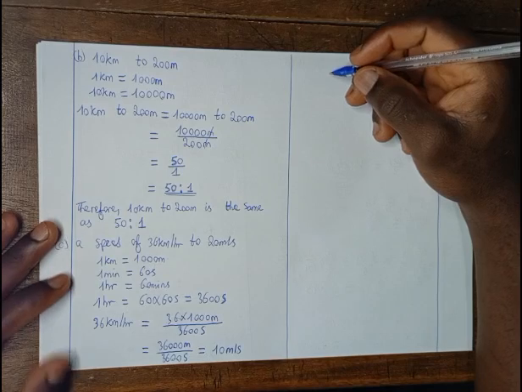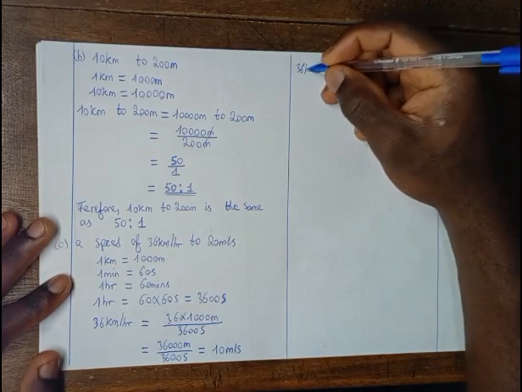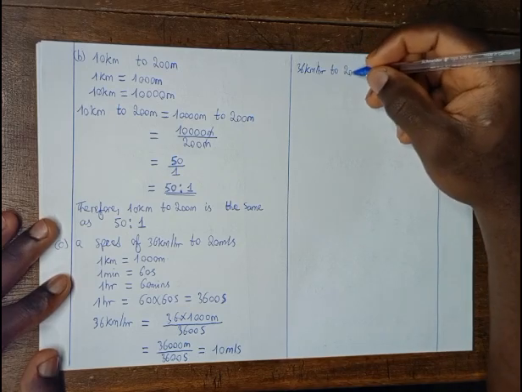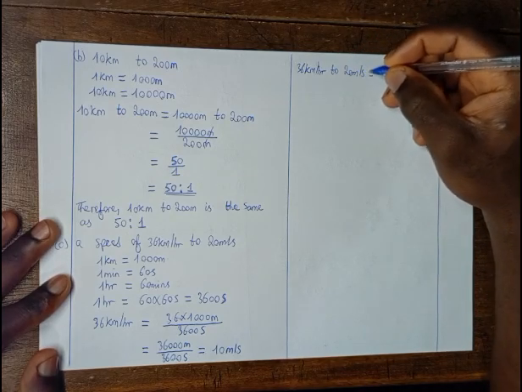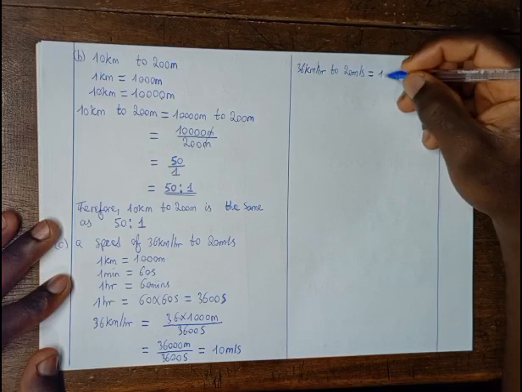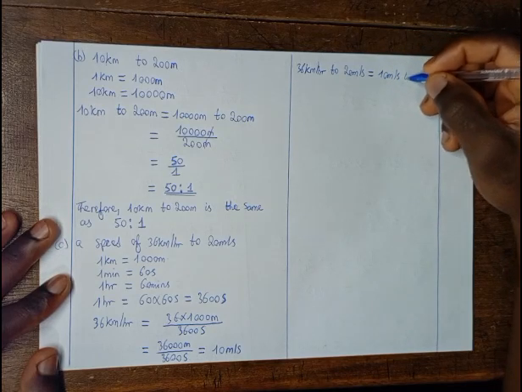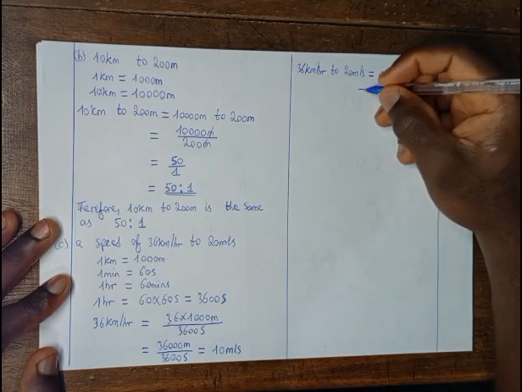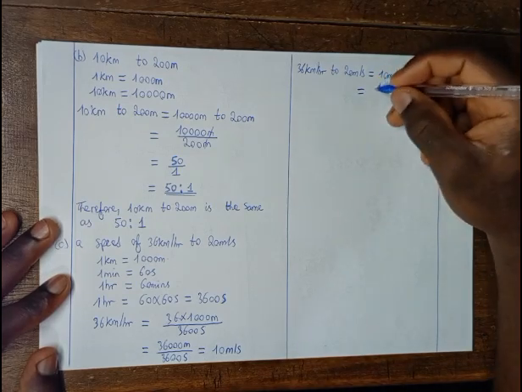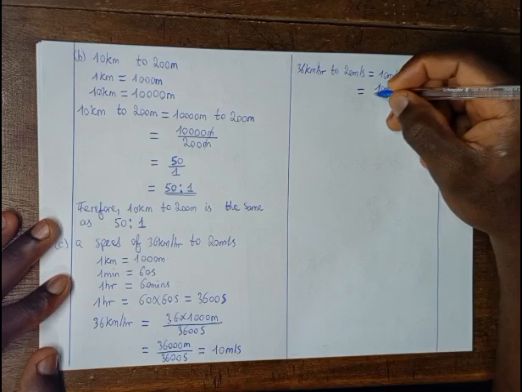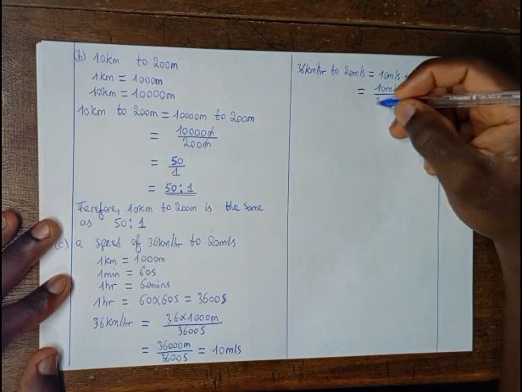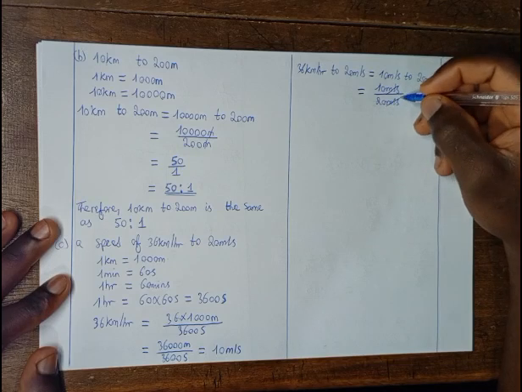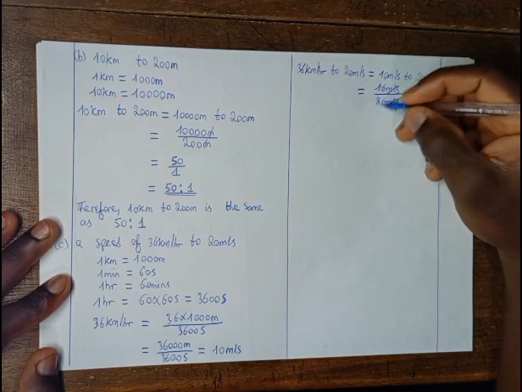Next thing, now we know 36 kilometers per hour to 20 meters per second is the same as 10 meters per second to 20 meters per second. Next, now we are going to express it in the fractional form. This will give us 10 meters per second over 20 meters per second. Meters per second will cancel meters per second. The zeros will go.